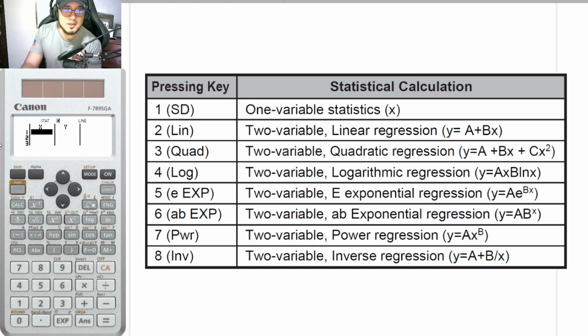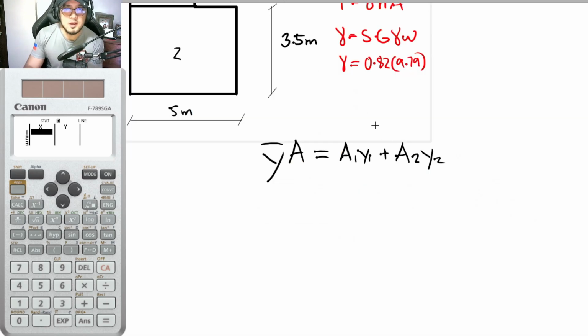And of course, this interface would come out where we have 2 columns. Everyone has their own approach, but in my case, I want the X values. Let me just put a note here for the X value in our stat mode.